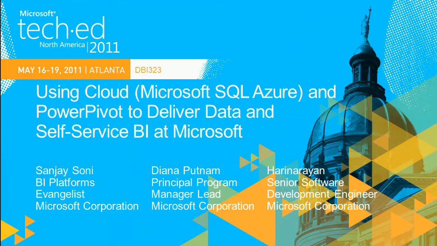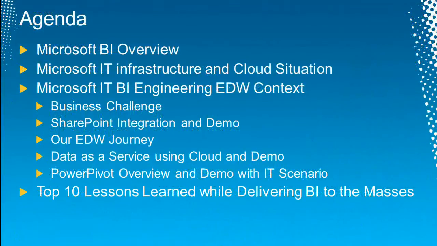Okay, all right. So I just want to say a couple of things about our agenda. We're going to start very quickly with a Microsoft BI overview. Many of you are already familiar with it, so 1 or 2 slides on that. Then literally most of the presentation is going to be about our story of Microsoft IT.